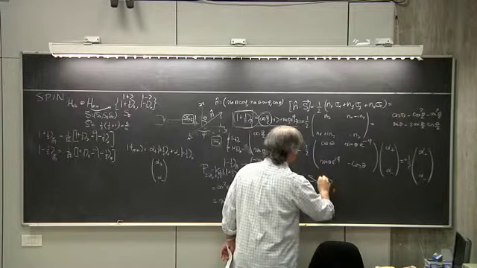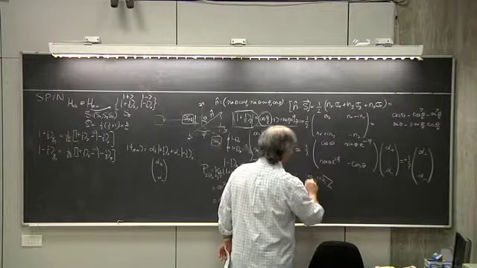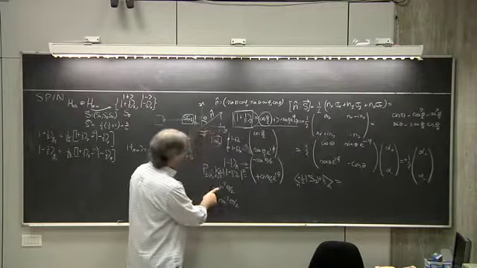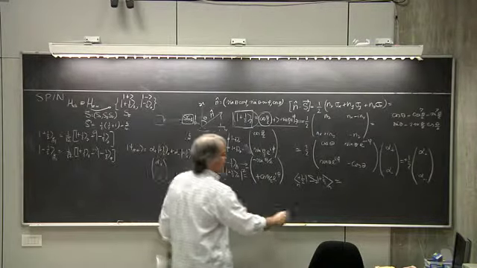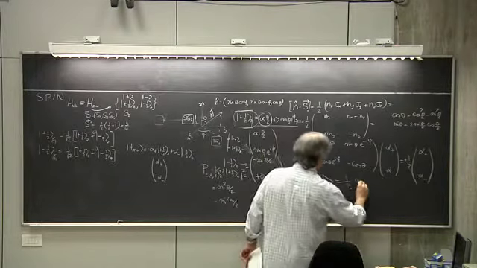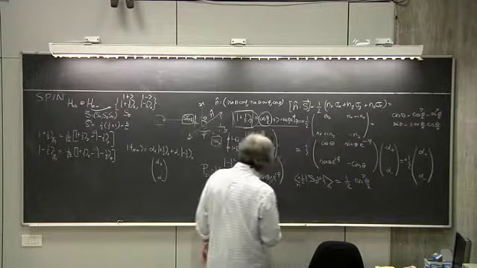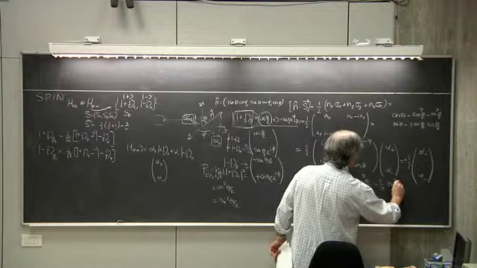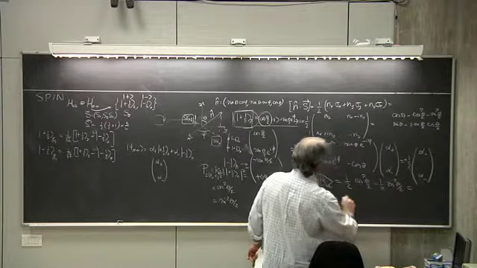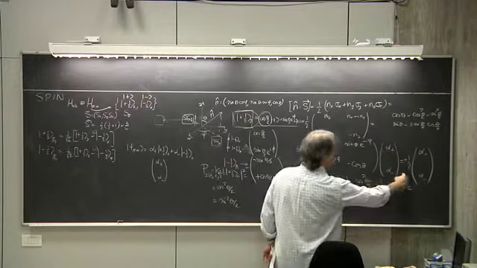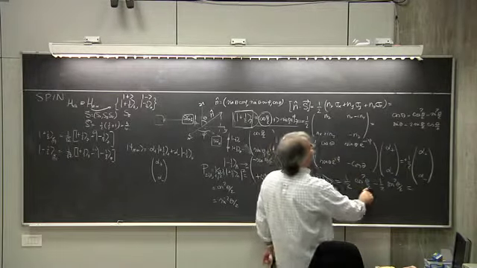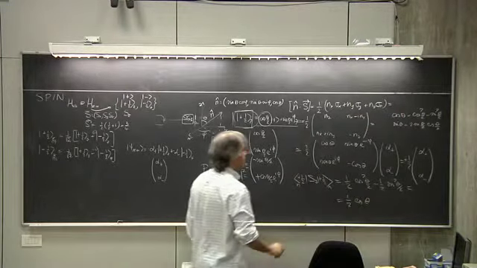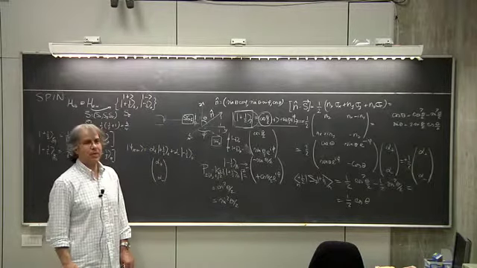So the average of Sz on a state plus 1/2 n is nothing but, if I get this, I get 1/2, with the probability cos square theta over 2. I get minus 1/2 with the probability sine square theta over 2, and the result is 1/2 times cos square minus sine square of theta over 2. You read it there, it is 1/2 cos theta. So the average I get is 1/2 cos theta.